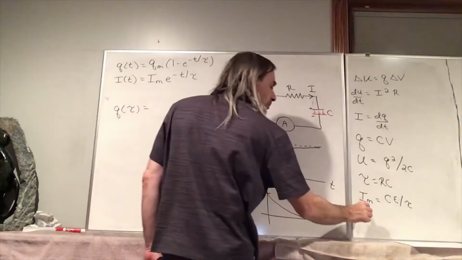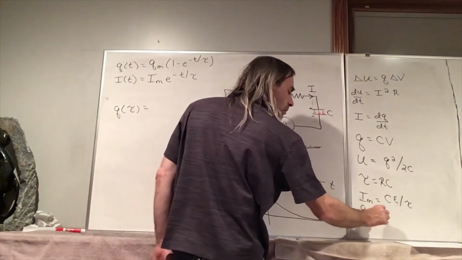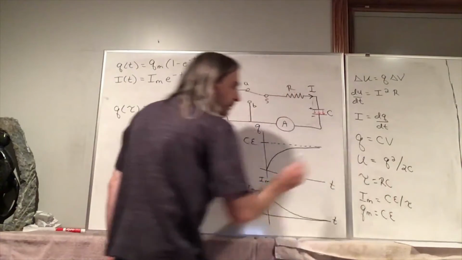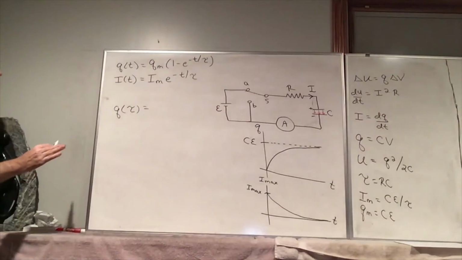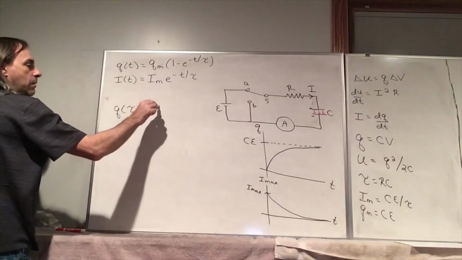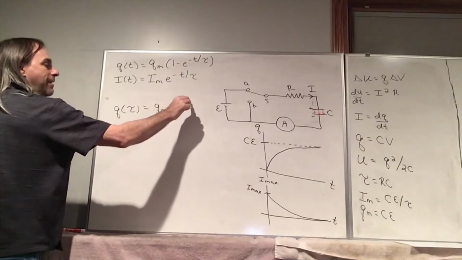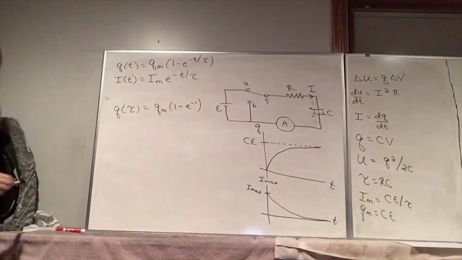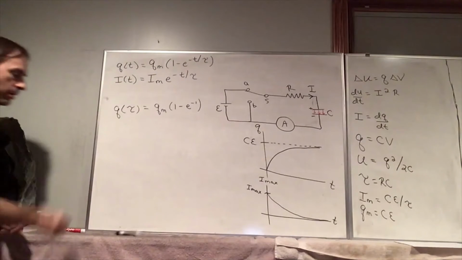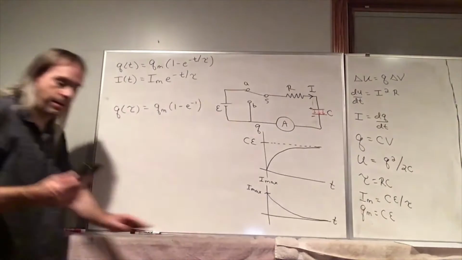That was C epsilon. So we'll have Qmax times 1 minus e to the negative 1. So e is like 2.7, so 1 over 2.7 is going to be like point, here, let's just do this, e to the negative 1.